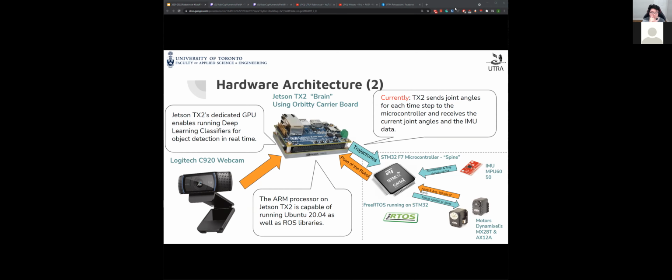The Jetson TX2 also has a dedicated GPU, which enables us to run machine learning algorithms, for example ball detection. I think we use some algorithm to run the bounding box detection for it. So overall, it's quite useful.